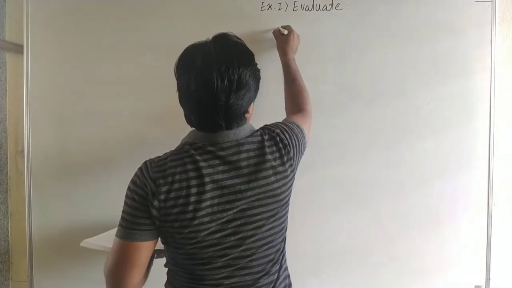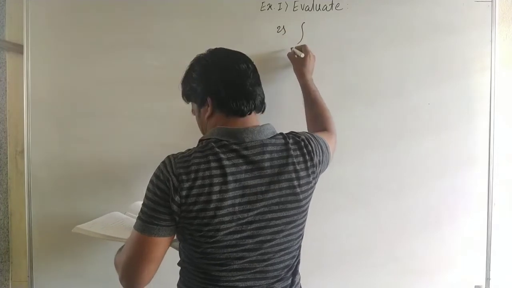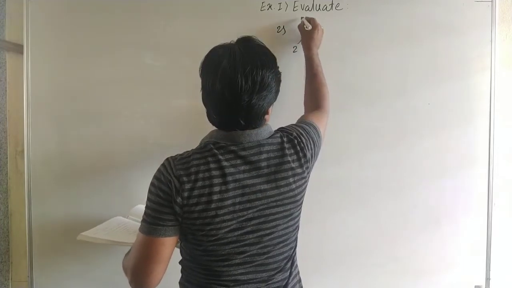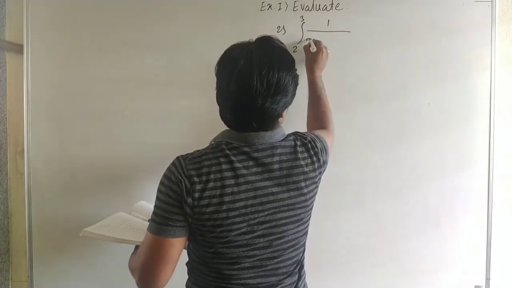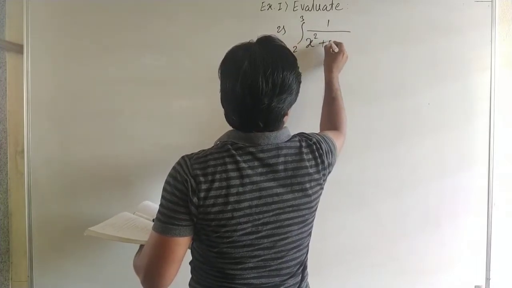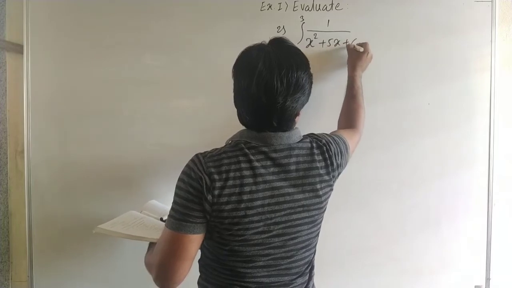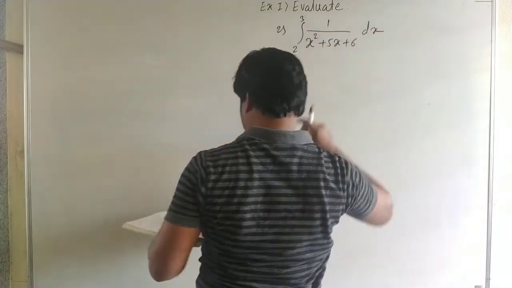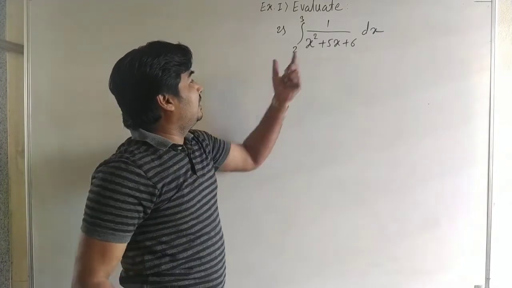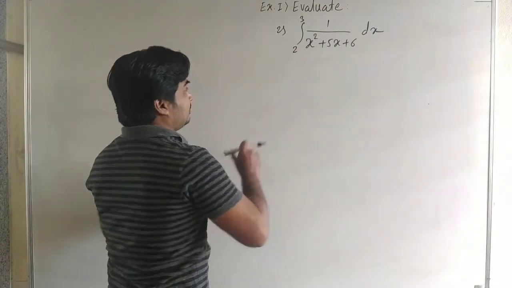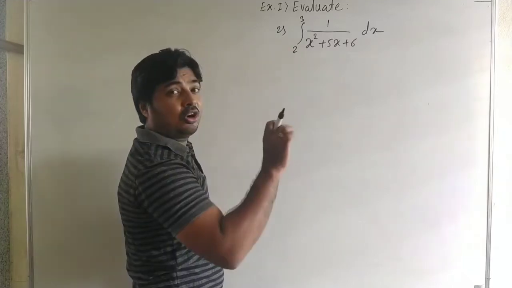Example number 2: integral 2 to 3 of 1 upon x square plus 5x plus 6 dx. Again, such type of examples are 1 upon a quadratic function.